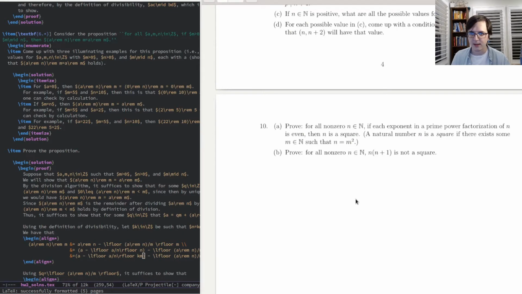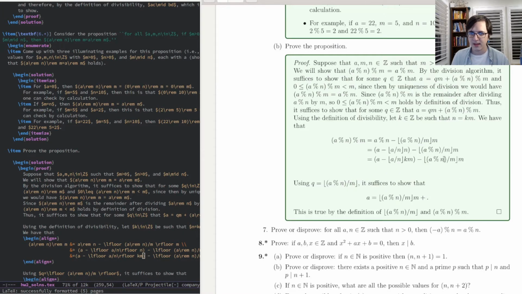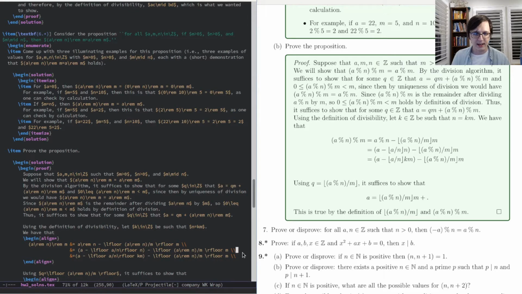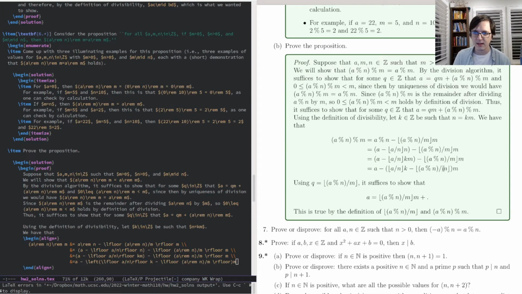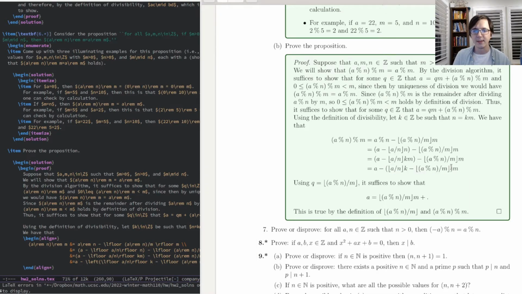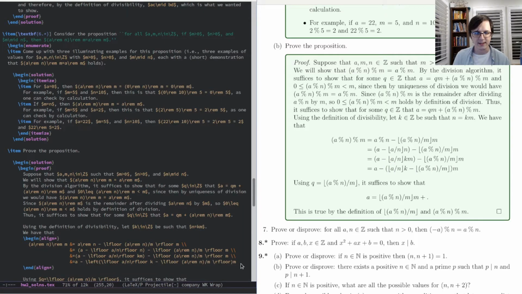So I did that, and then what I see is I can take the a, and then I can take this expression without the m, and this expression without the m. Okay, this is good because this is q. This is how it goes.